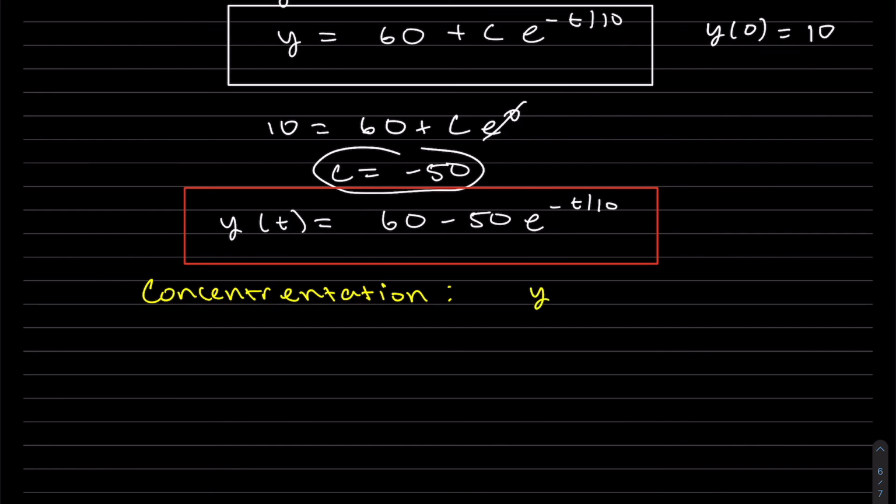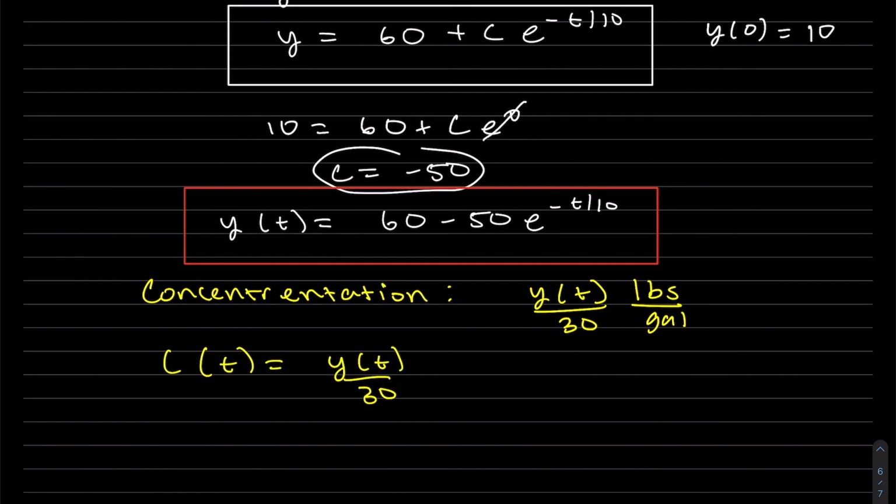So y of t is how many pounds, and there's 30 gallons of water. So that's what we need for concentration. We can call it C of t, which equals y of t divided by 30. That's our concentration.